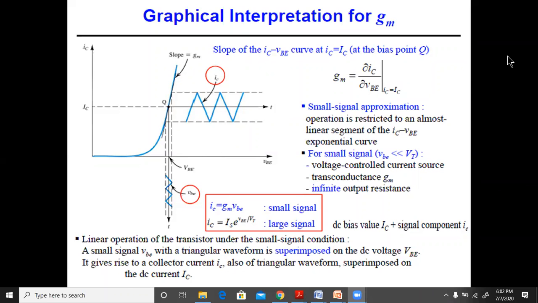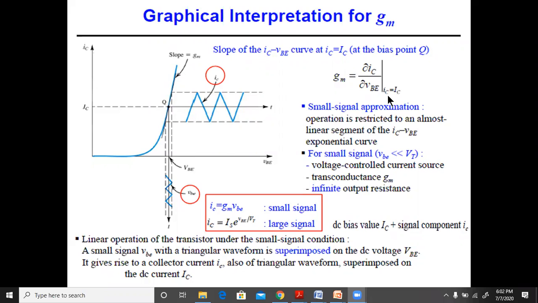So for that, you can consider a small change in the instantaneous value. g_m is equal to del i_C by del v_BE when i_C is equal to capital I_C. This is the instantaneous value equal to capital I_C, that is, the slope at the point where we have the DC value.